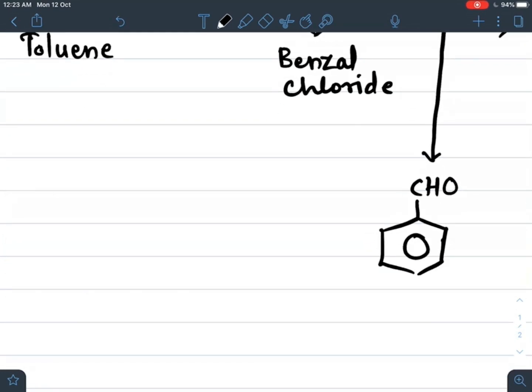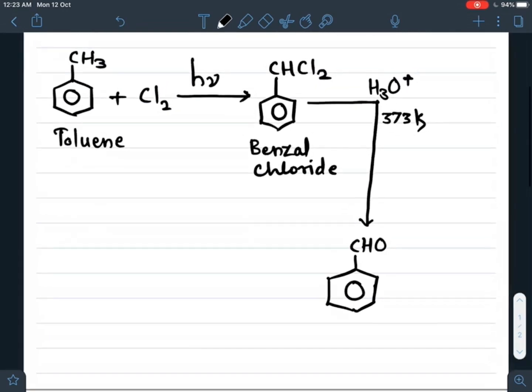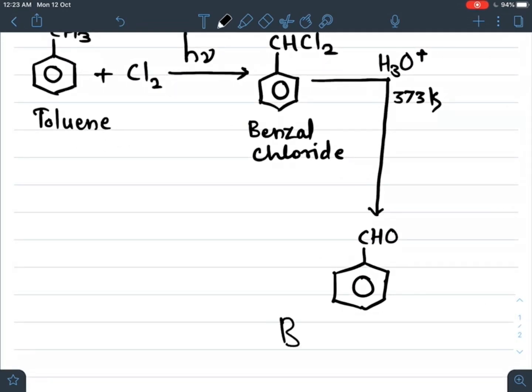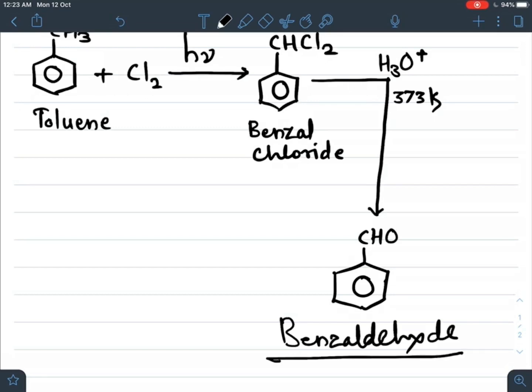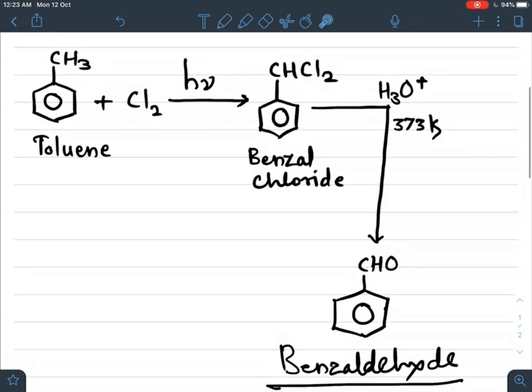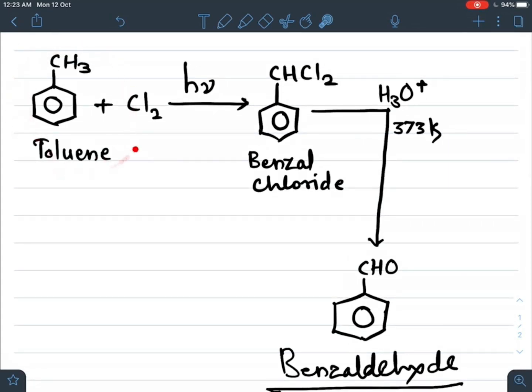So this is the preparation of benzaldehyde from toluene. This is toluene, CH3 attached to the C6H5 group, that is methyl benzene.